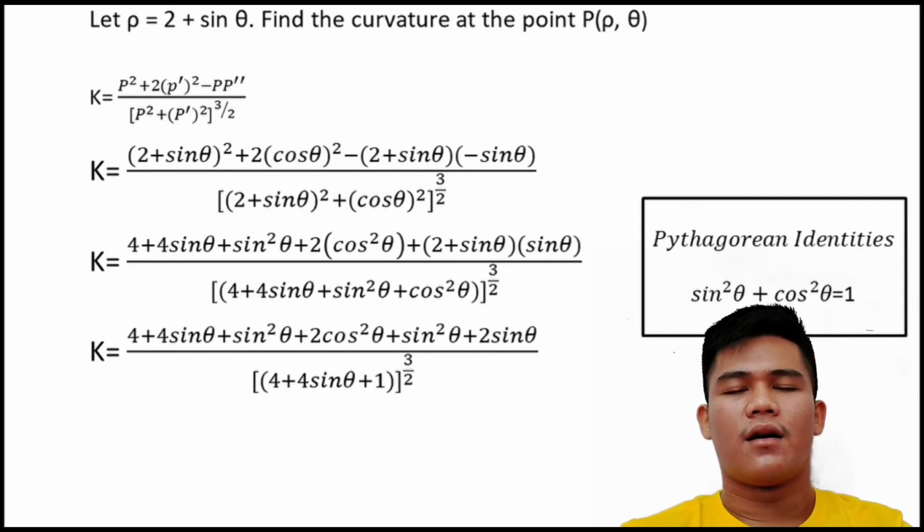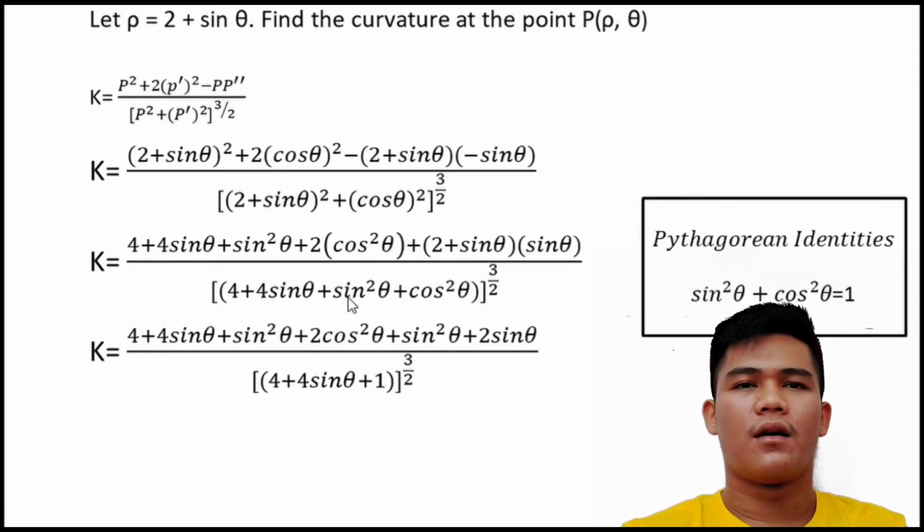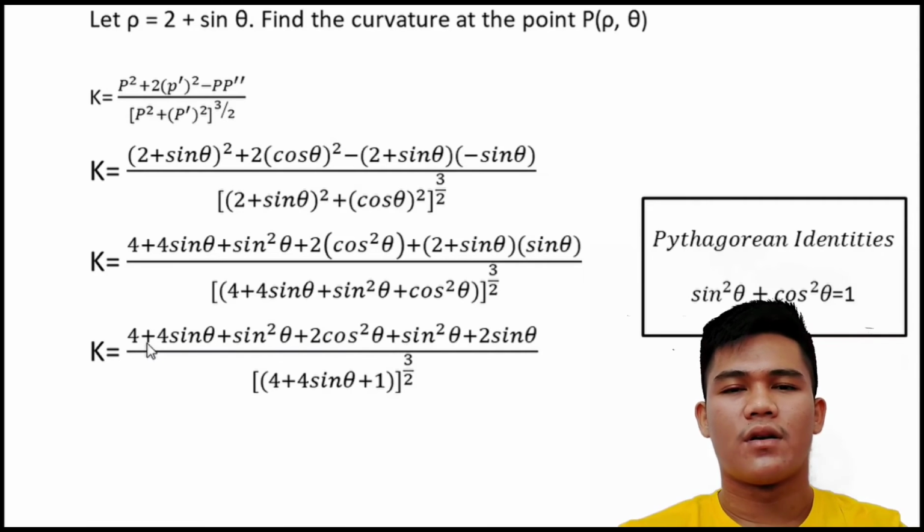Okay, so in this term, we simplify the inside of the parentheses. We have 4 plus 4 sine theta plus sine squared theta plus 2 cosine squared theta.